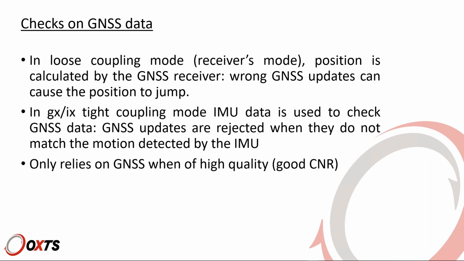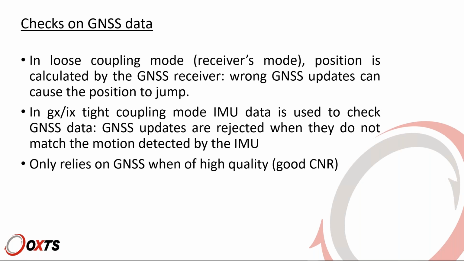GXIX, though, doesn't believe the GNSS data straight away. It checks it against the IMU data. So if the change in position reported by the GNSS is not matched by a motion detected by the IMU, the system will reject the GNSS updates.